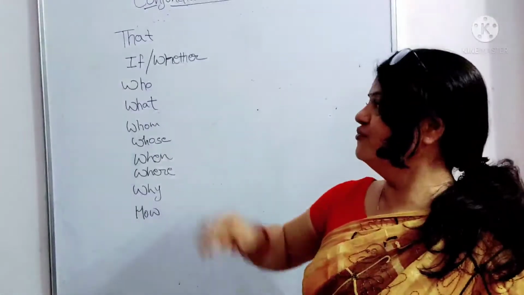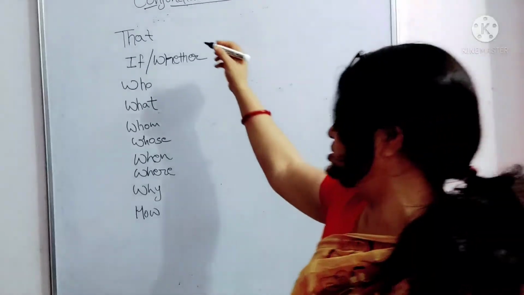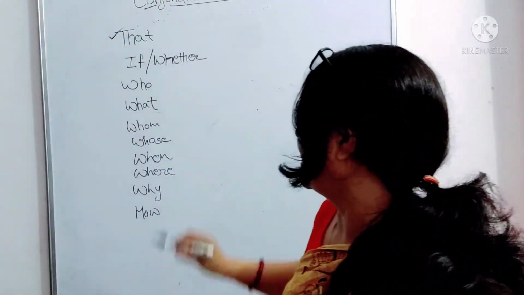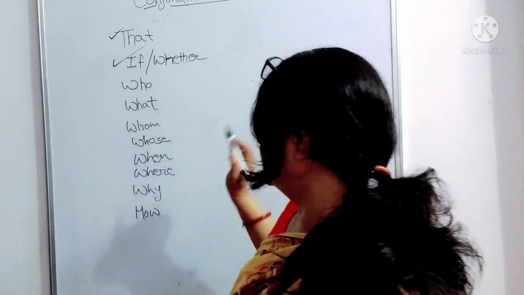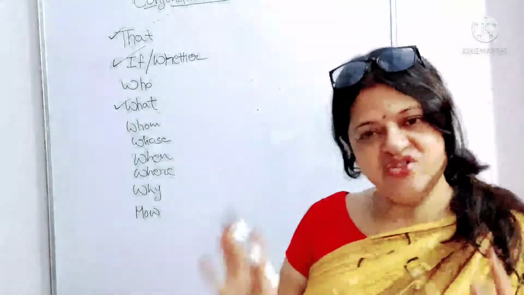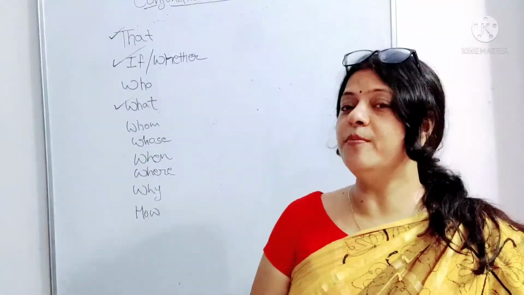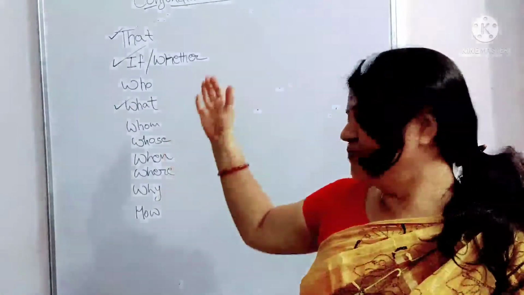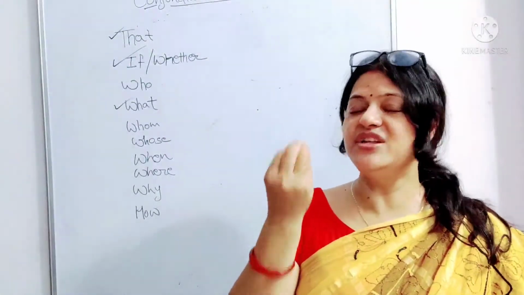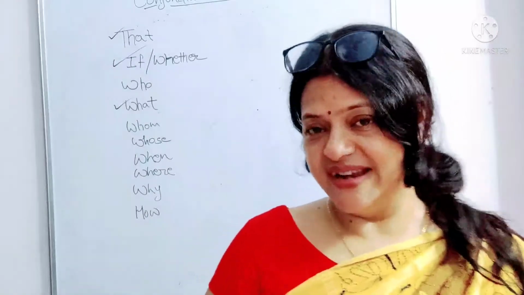First of all we'll talk about the conjunctions that, if, whether, and what. Actually these conjunctions are very important, you need to know much about them, and the rest of the conjunctions come into the sentence by themselves.